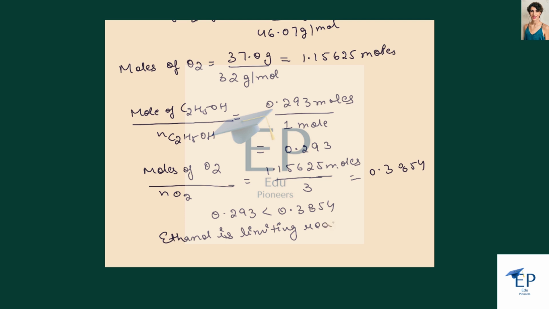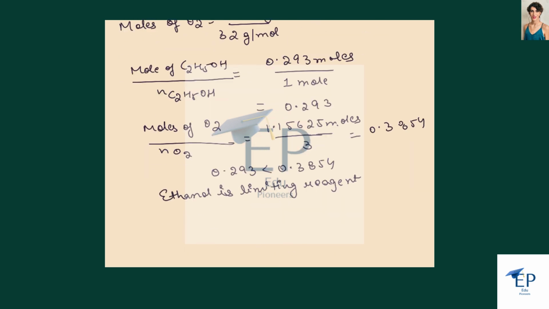So now if we see from the balanced equation, 1 mole of ethanol will form 2 moles of carbon dioxide.